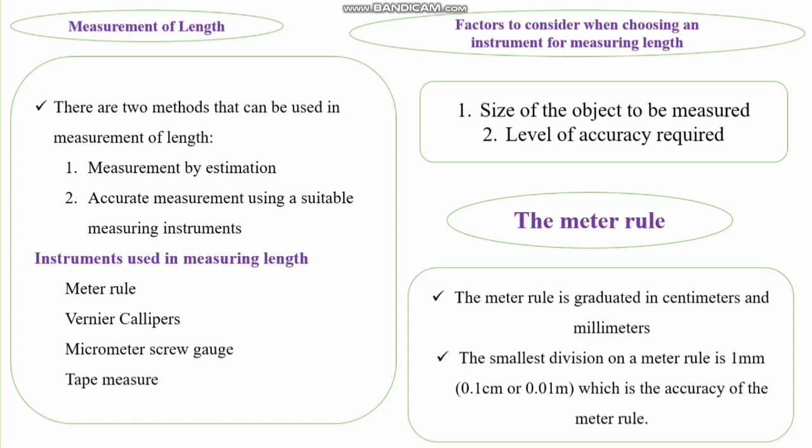If we convert 1 millimeter to meters, we get 0.001 meter. This means that if you are taking a reading from the meter rule, your answer should be to 2 decimal places, because the least count or the level of accuracy of the meter rule is 0.01.